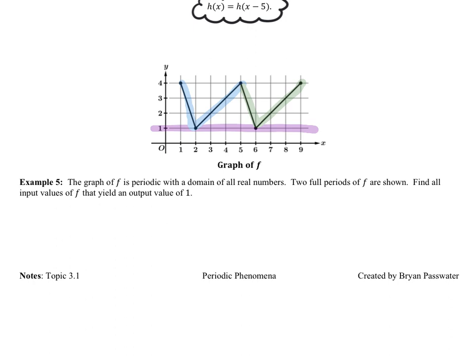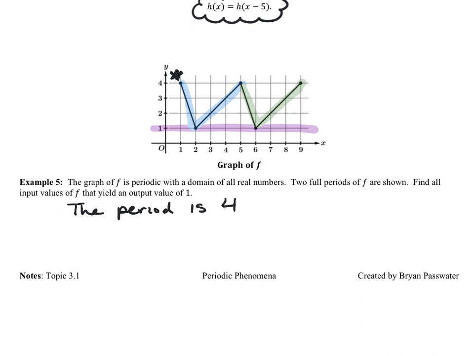How long is the period for this graph? Okay, so we're going to say the period is 4. That's how many units it takes before I start repeating the pattern. From the beginning, so thinking of starting right here where the pattern starts, how many units does it take for me to reach the value of 1?